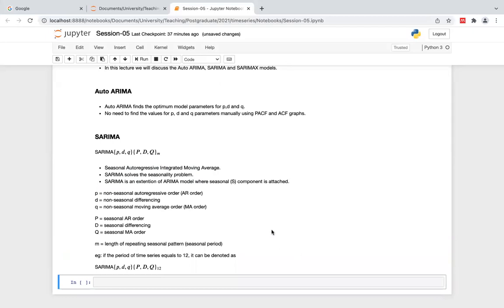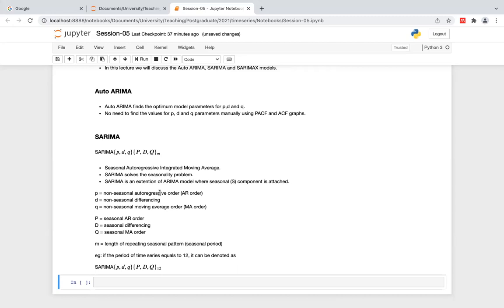Then in the SARIMA, what we discuss is SARIMA, we introduce the SARIMA model in order to address the seasonal component of our time series. Basically, previously, without the seasonal component, we modeled the time series using the ARIMA model. Then the SARIMA model we introduced to engage the seasonal component as well.